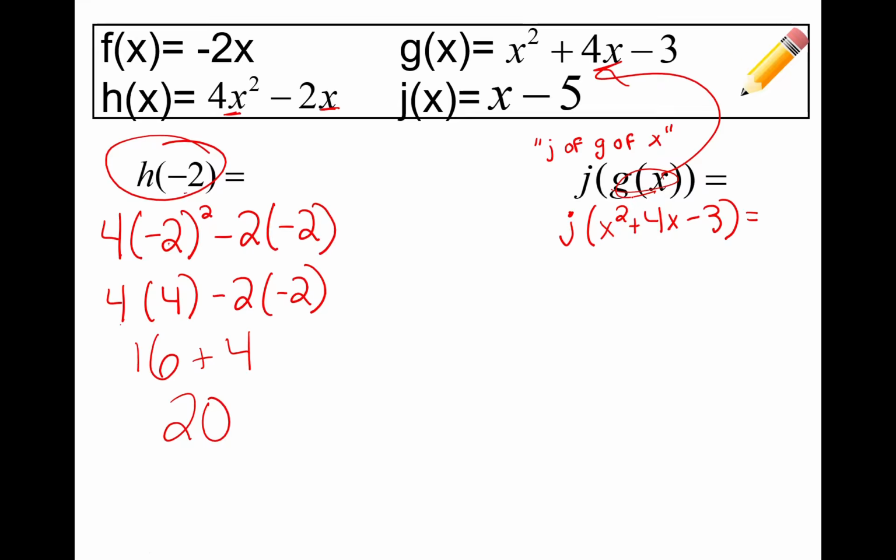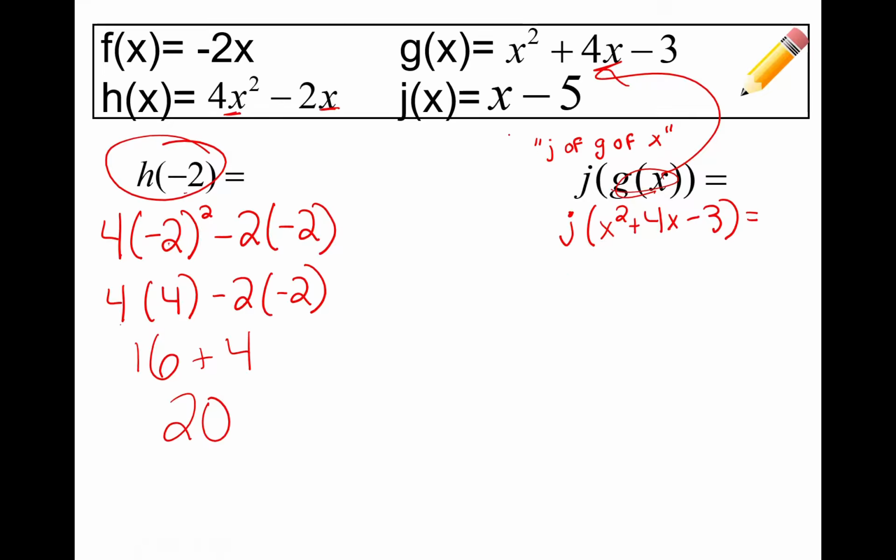So now what this is telling me is into j, I'm going to put x squared plus 4x minus 3. I'm going to write in a different color. So I'm going to start writing j's function, but when I see an x, I'm going to put x squared plus 4x minus 3. I'm going to use red for that section.